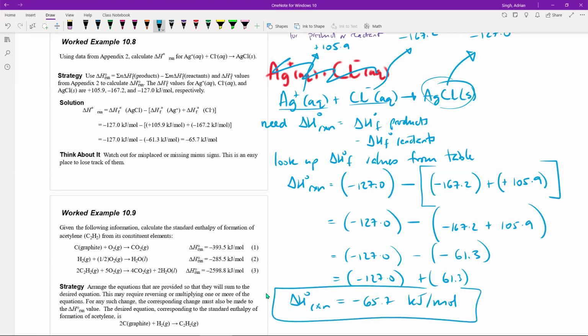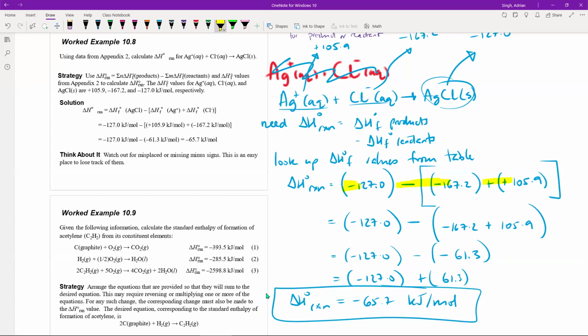As I was going through that process, you probably saw different instances where it's very easy to make mistakes. Number one, keep track of the numbers that you look up in your appendix, and you put them in for the correct values. That was a mistake that I made when I went through. And the second, probably the more common source of error in questions like these, is keeping track of the sign.